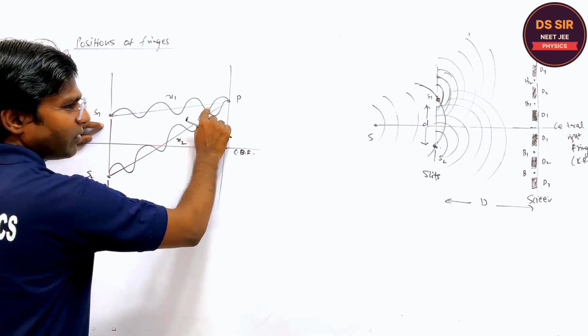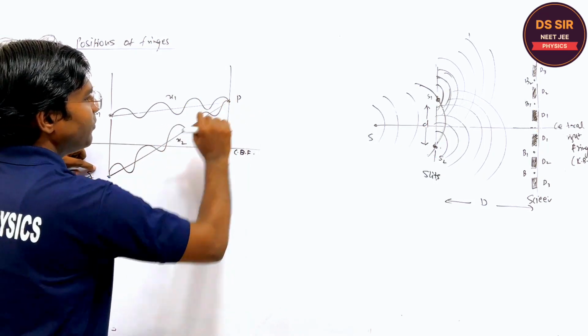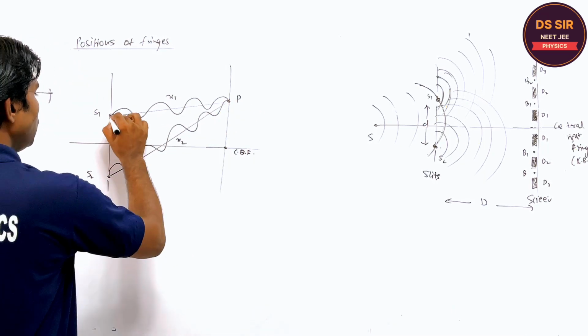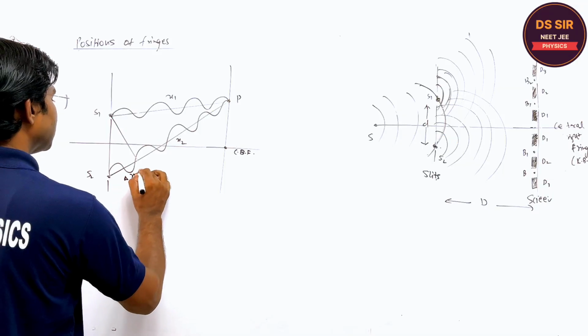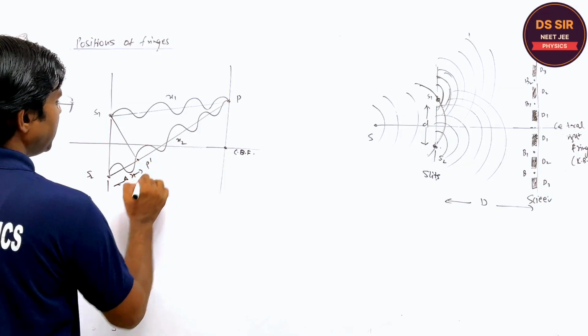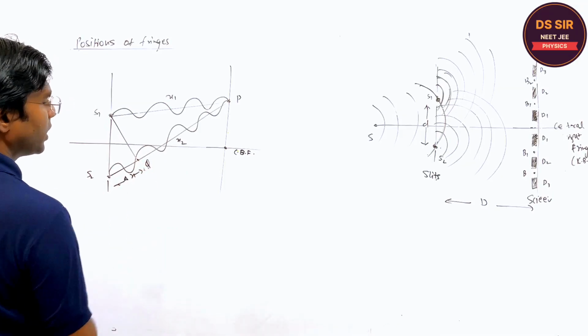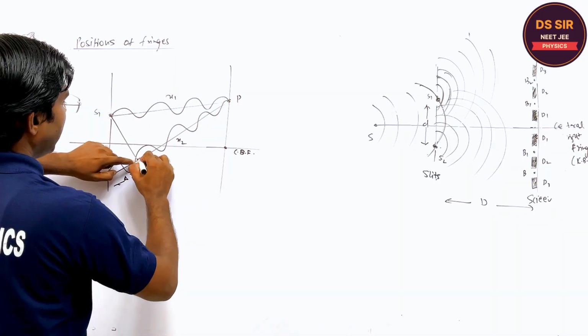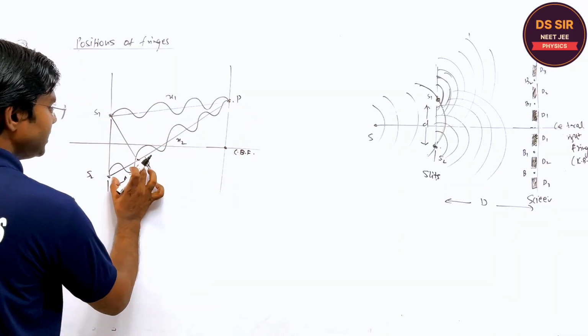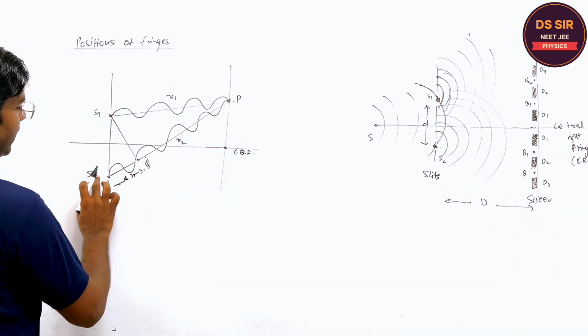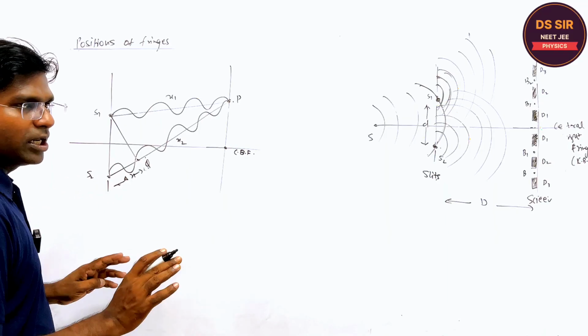This wave travels the shorter path, this wave travels the longer path, so there is a path difference. This is P dash, suppose this is Q. So S1P and PQ are the same. This is the extra path traveled by wave 2.